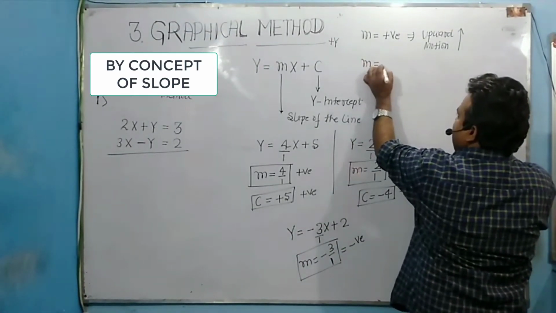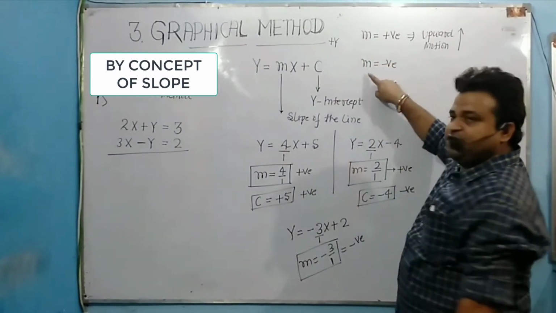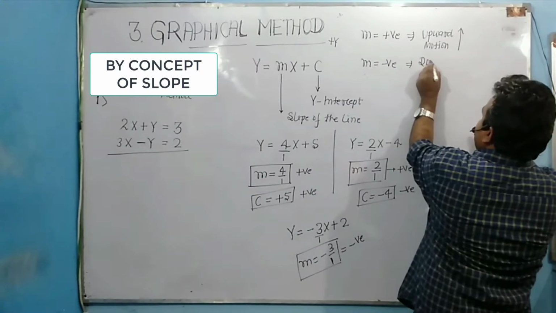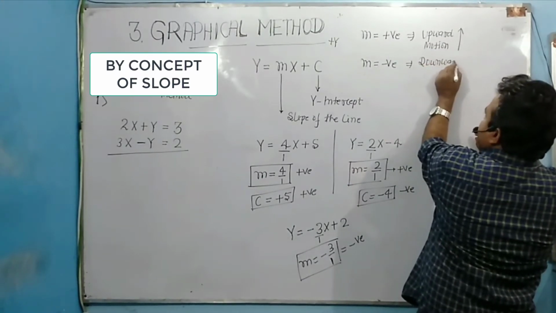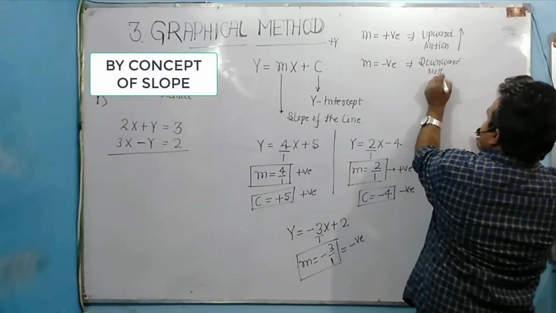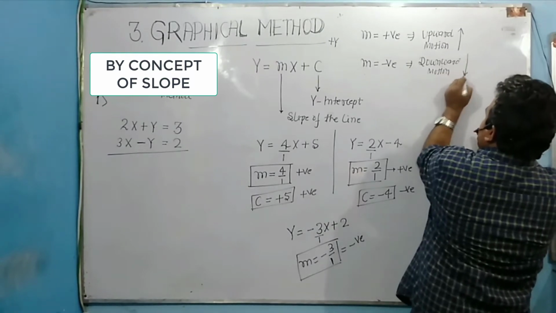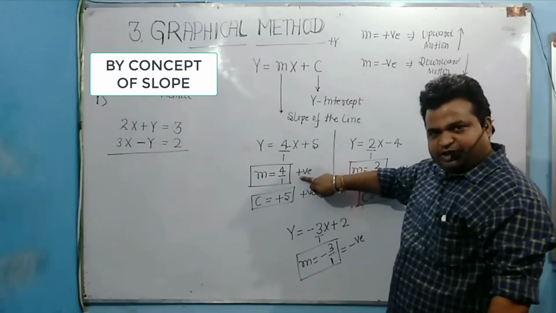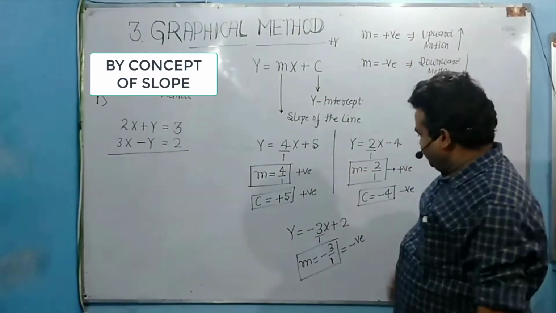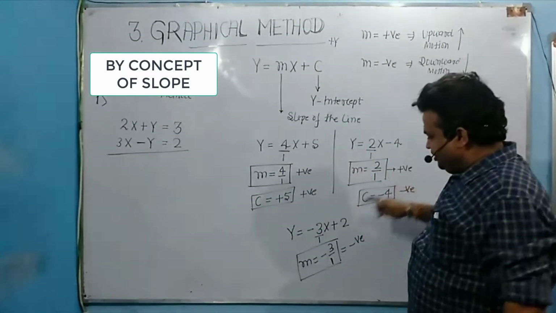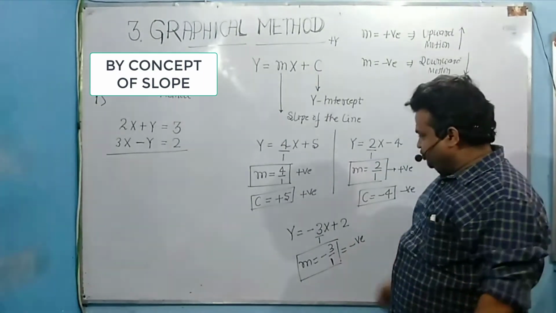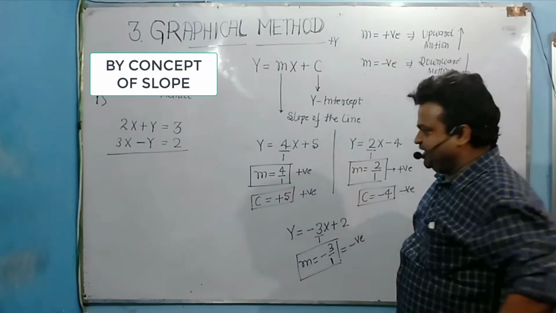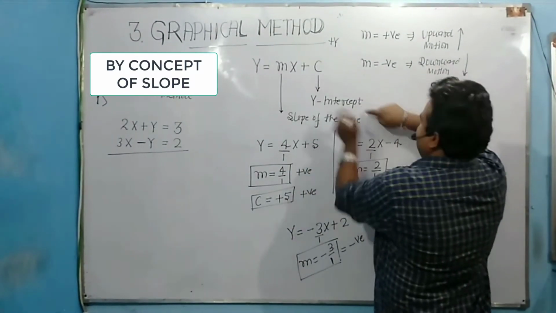Whenever your m value is negative, which means your slope is negative, this means downward motion. It means in this case you go downward. So m positive, upward motion. M negative, downward motion. C positive, c negative. What does the c value represent? The c value is the y-intercept.